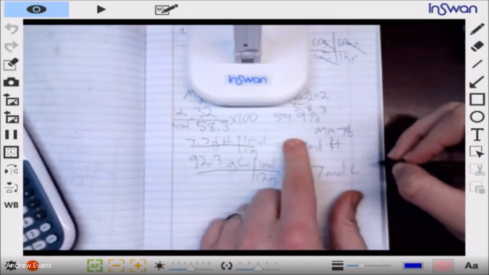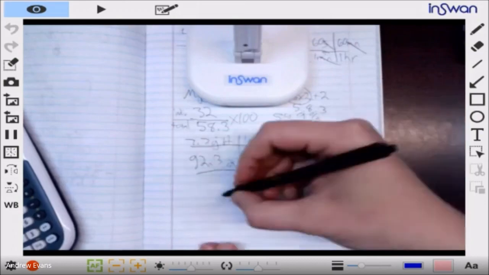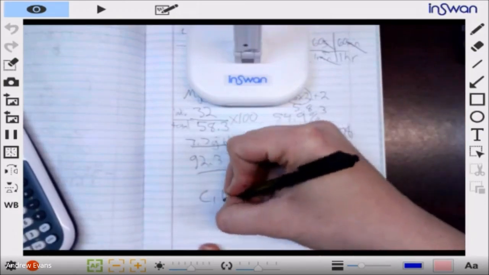If I have a 7.7 and a 7.7, what is the simplest whole number ratio between the two? 1 to 1. So what is the empirical formula? C1H1.